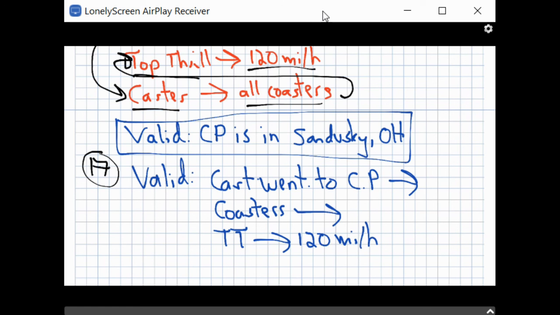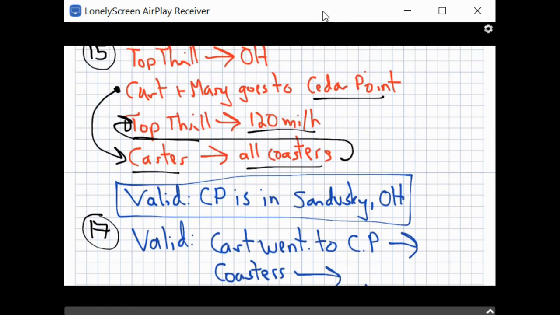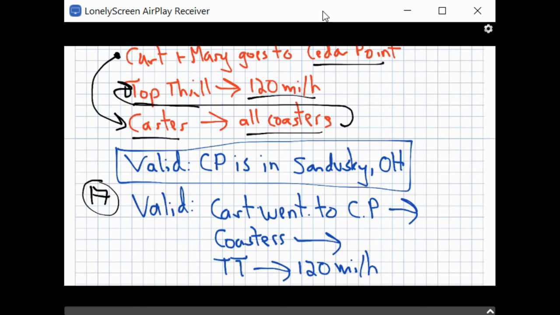So you have to be able to follow the chain of logic according to the statements they give you to know if in fact the statement is valid. Okay, it takes a little bit of practice.